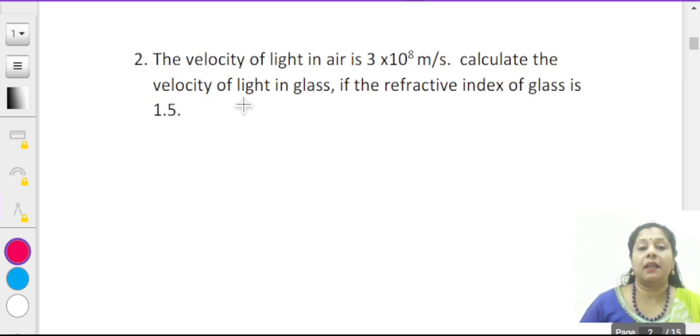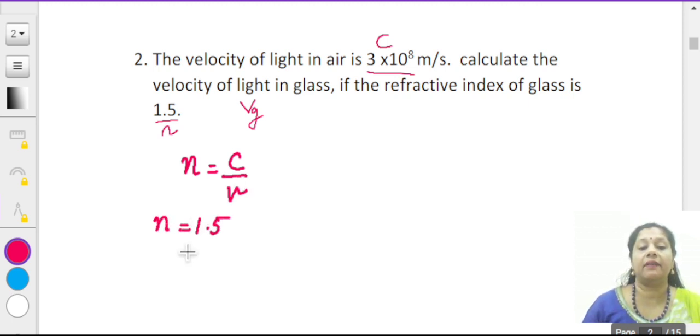The second question: velocity of light in air is 3 into 10 raised to 8 meter per second. So C is given. Calculate the velocity of light in glass, that is Vg we have to find out, if the refractive index of glass is 1.5. N is given. Since one medium is air, we can write N is equal to C upon V. We have N is equal to 1.5, C is equal to 3 into 10 to the power of 8 meter per second.